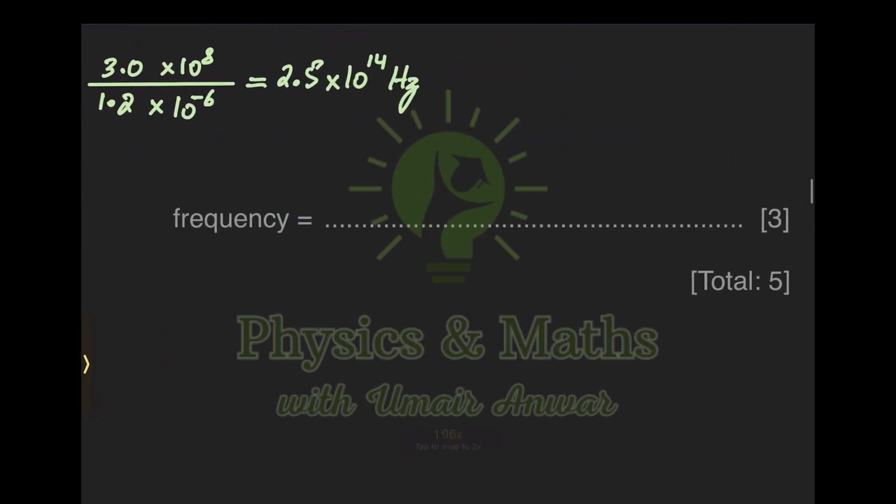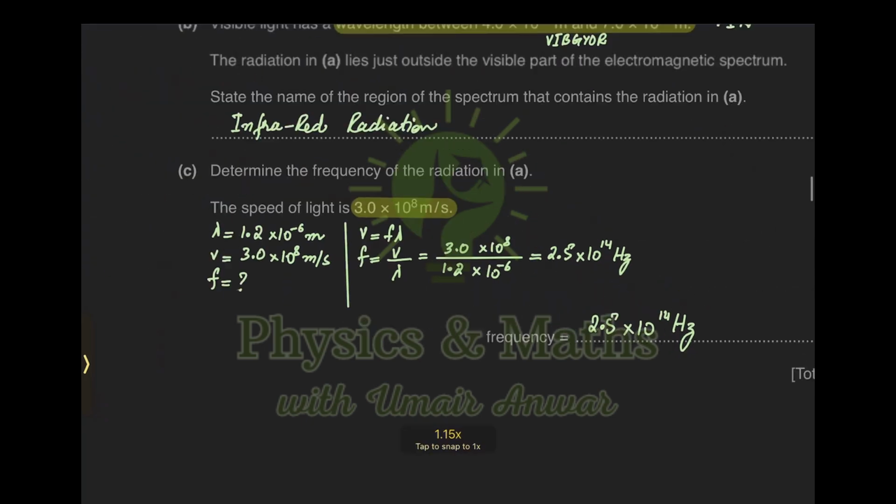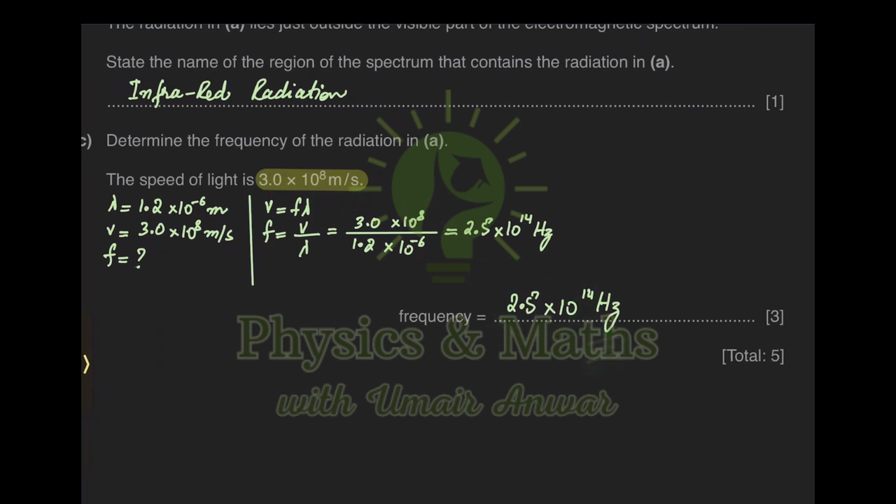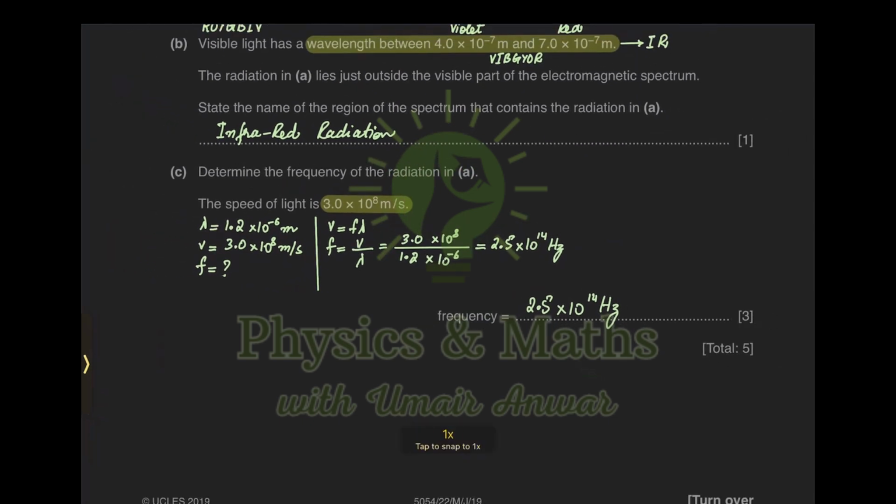So in the final answer space, I'm going to write 2.5 into 10 raised to 14 hertz as the final answer for this part. So this is how a 3-mark calculation question should be attempted. First, we have to write down the relevant formula. Then we have to plug in the values, and the final answer should be written in two significant figures. And if the unit is not written there, we have to also write the appropriate unit for our answer. So the question ends here with this part.